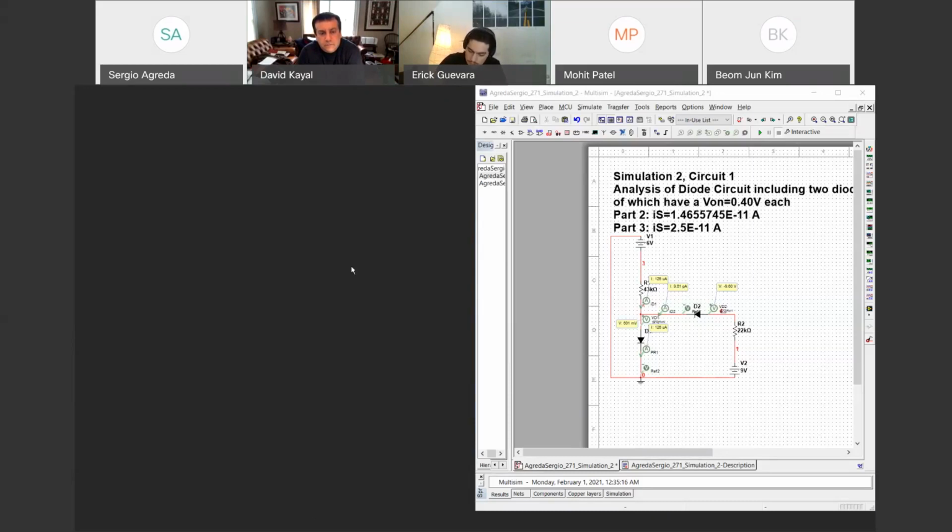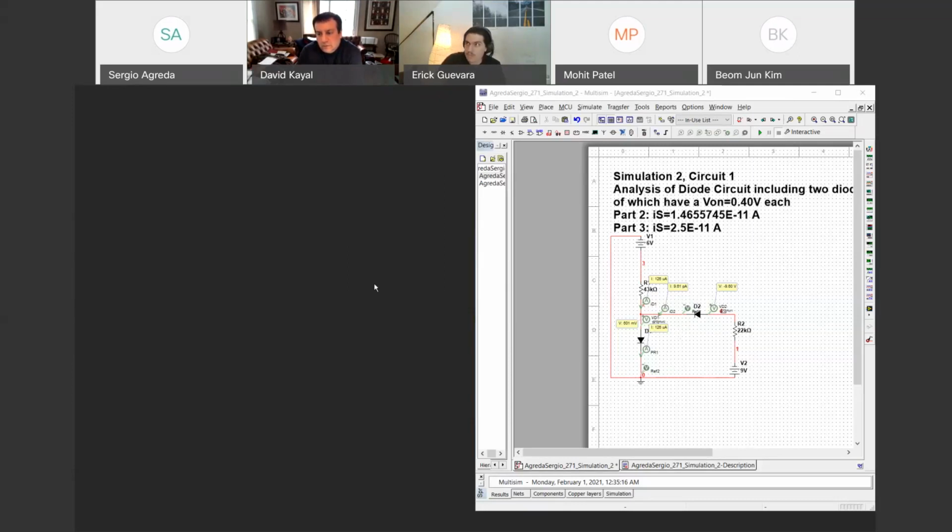We assume that the first diode is on and the second diode is off. So this behaves as a singular voltage drop and this one behaves as an open circuit, with positive and negative terminals here and here. This is a voltage drop. This would be an open circuit.